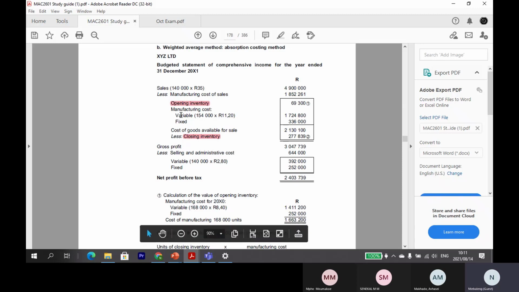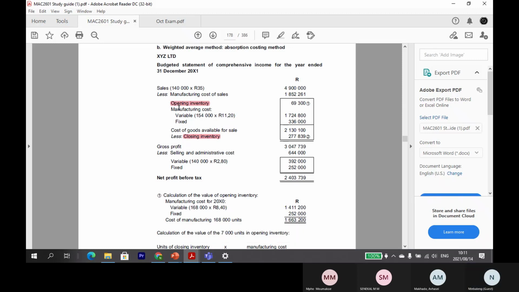And with your opening inventory, because it comes from the previous production cycle, those are the costs that I use. And then for my closing, I use the cost for this specific production cycle. And that's how you would get your answers. So that's number two of how you get it. After understanding how you get it, number three, it will be a question of which costing method am I under?